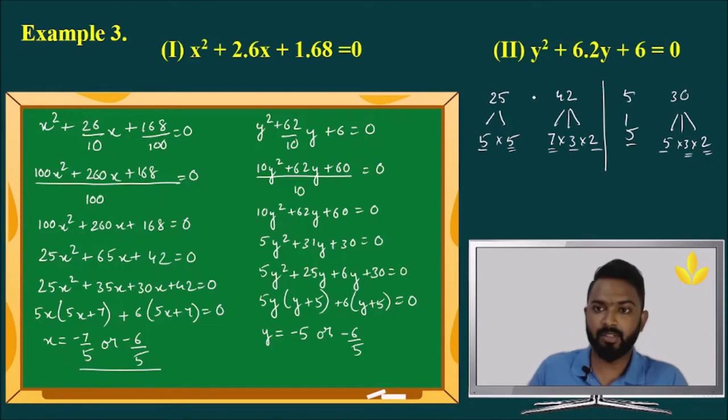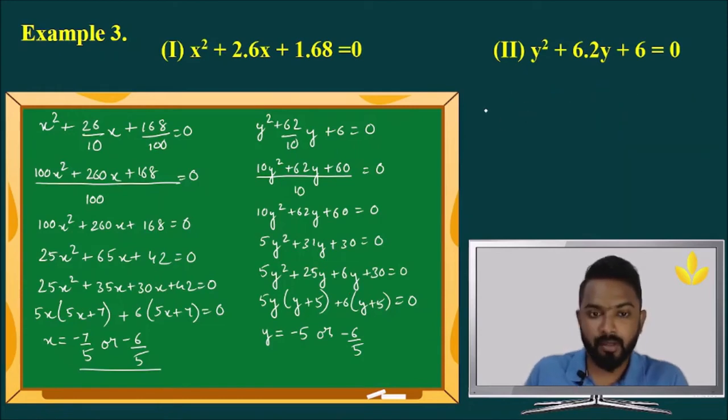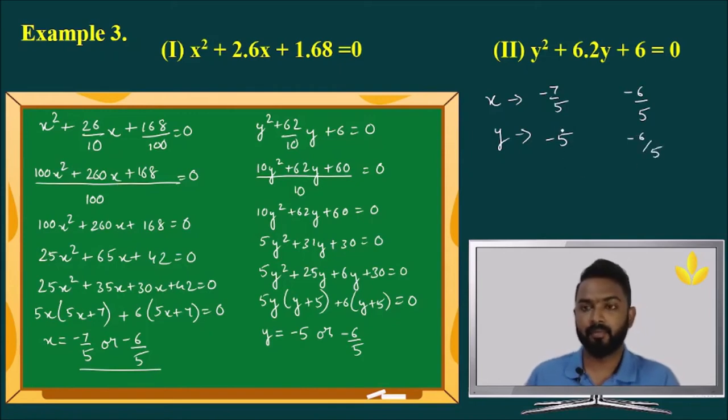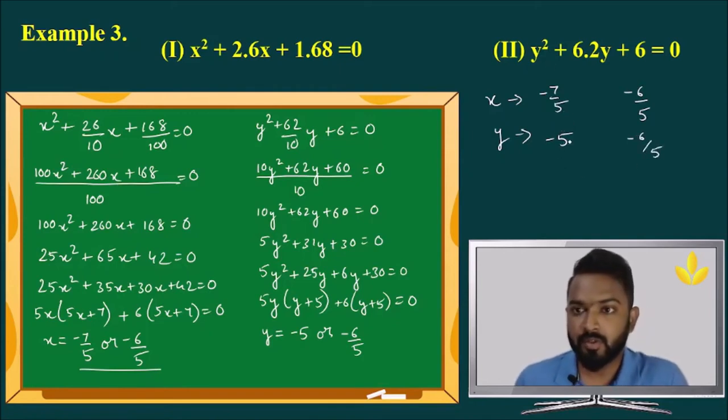Now let's see what is happening. Let's remove this whole thing. So x is either minus 7 by 5 or minus 6 by 5. And y is either minus 5 or minus 6 by 5. Okay. So if y is minus 5, then y is less than both of them.